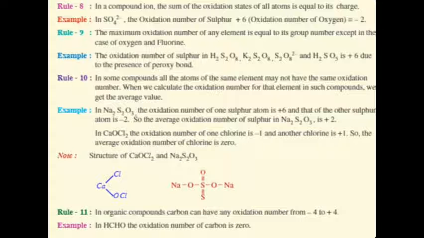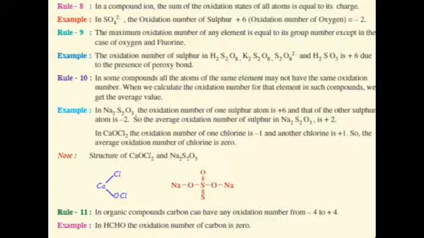Rule 10: In some compounds, all the atoms of the same element may not have the same oxidation number. When we calculate the oxidation number for the element in such compounds, we get the average value. Example, in Na2S2O3, the oxidation number of one sulfur atom is +6 and that of the other sulfur atom is −2.